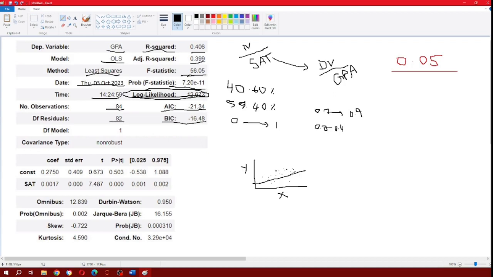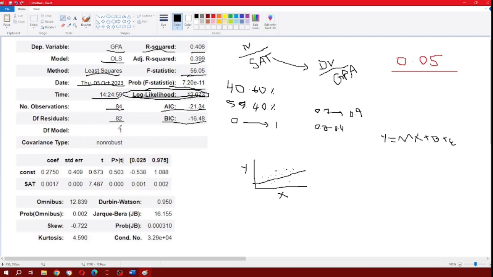And residuals, I explained earlier, are how our model goes from mx plus b and then plus e, which is the residuals. So degree of freedom for residuals is pretty much the number of observations, 84, minus the model terms, which gives 82.